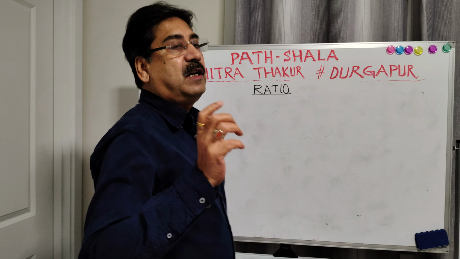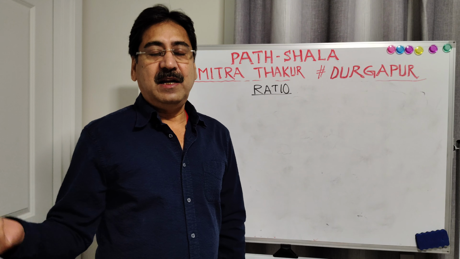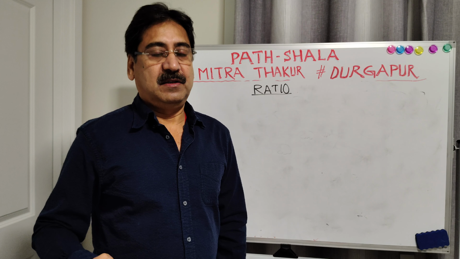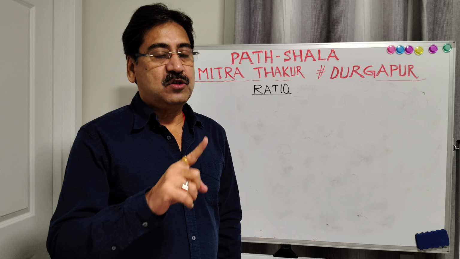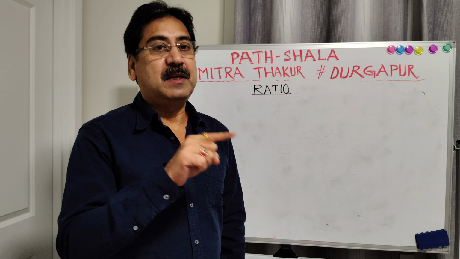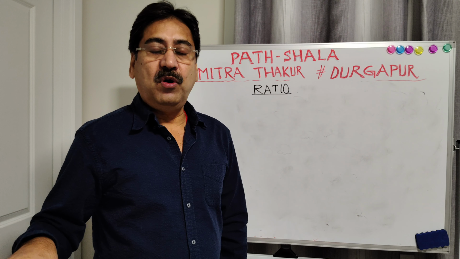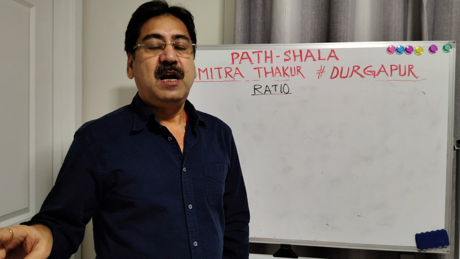Suppose the ages of two different boys are given, 2 years 6 months and another 4 years 6 months. So 2 years means 24 months, plus 6 months is 30 months, and 4 years means 48, plus 6 is 54 months. So the ratio will be 30 is to 54, right?